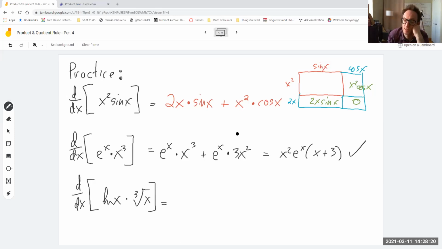Okay, how about this one? Do we know how to differentiate natural log? We do. So let's go. Derivative of the first is 1 over x times the second plus the first times the derivative of the second. The derivative of x to the 1/3 is 1/3 x to the negative 2/3.